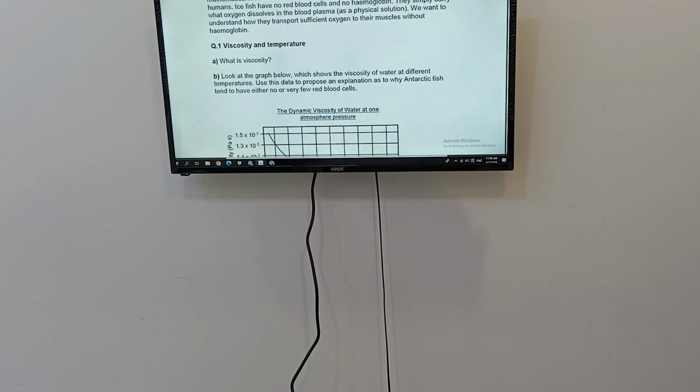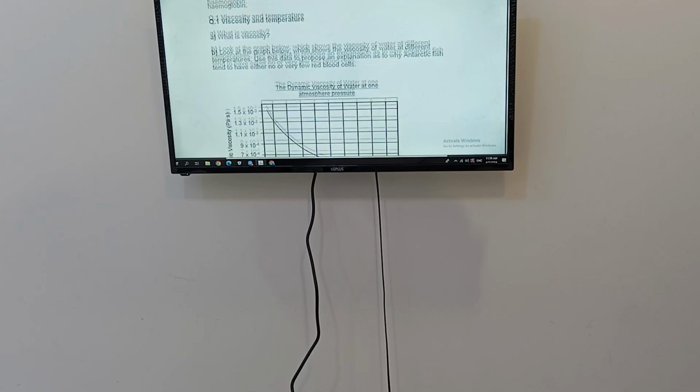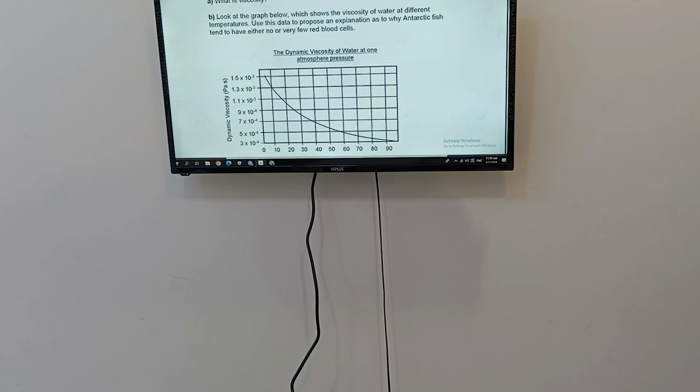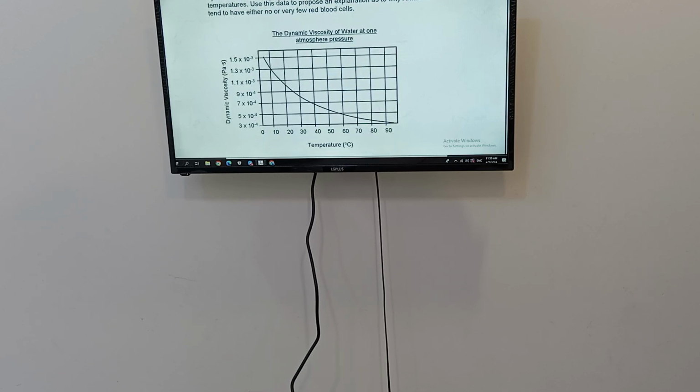First, we're going to learn about viscosity and temperature. Look at the graph below, which shows the viscosity of water at different temperatures. Use the data to propose an explanation as to why Antarctic fish tend to have either no or very few RBC. On the y-axis you have the dynamic viscosity in pascal-seconds, and on the x-axis the temperature.